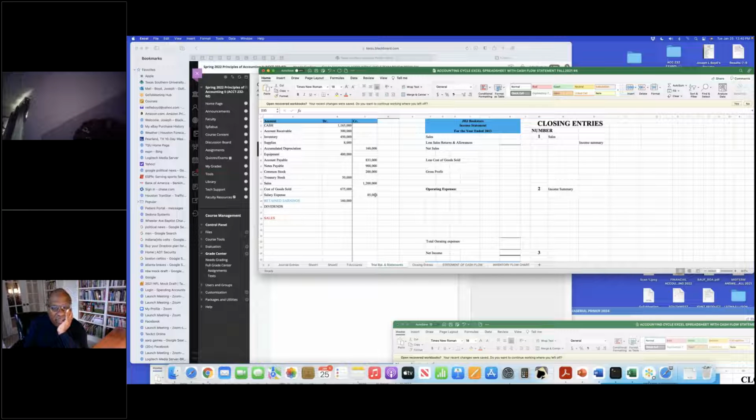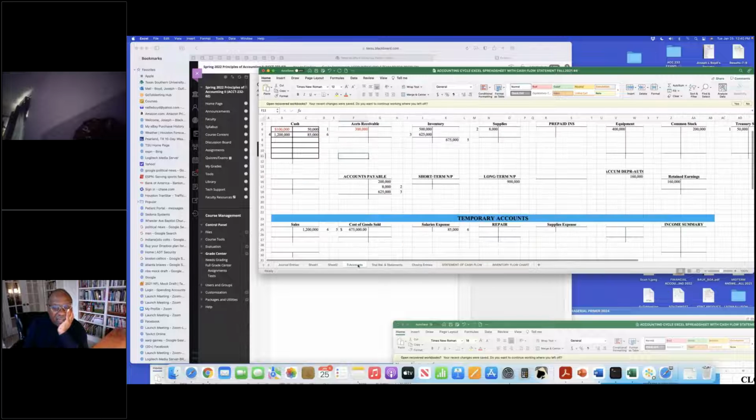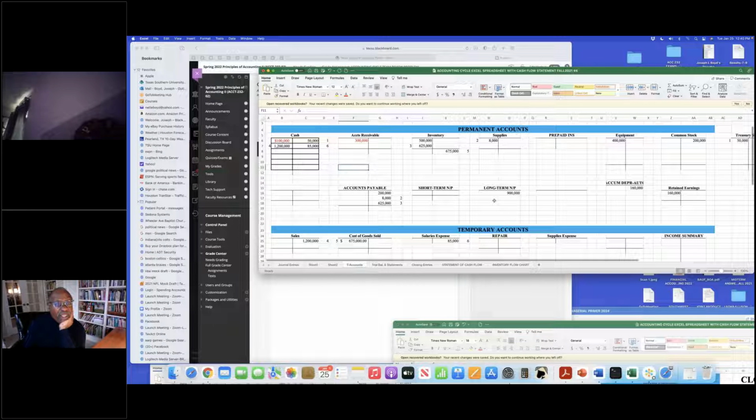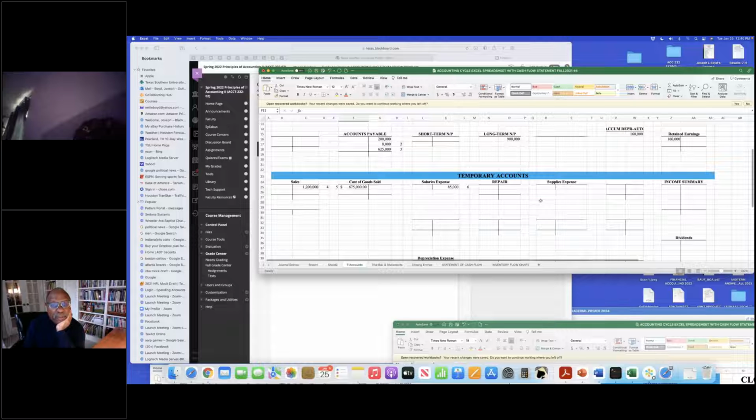I don't know if that's the only thing. So now I'll go to the T accounts. Credit salaries, that's number 6. And you got a credit in cash too. You see what you did? You got a credit here on journal entry 6. You got another credit. And it should have been what?